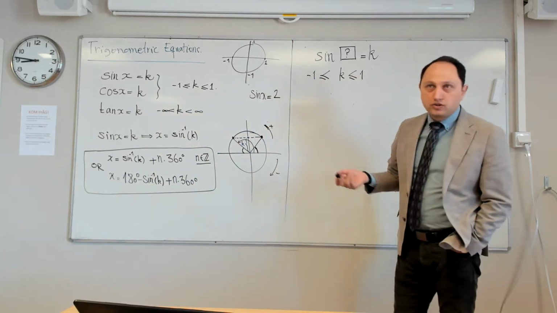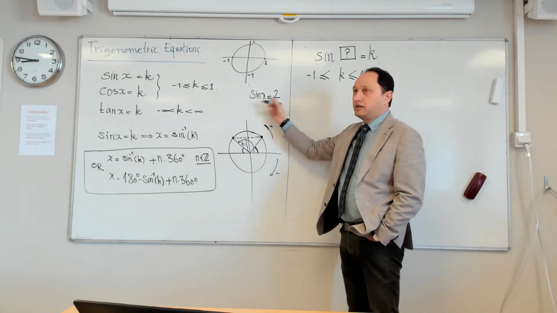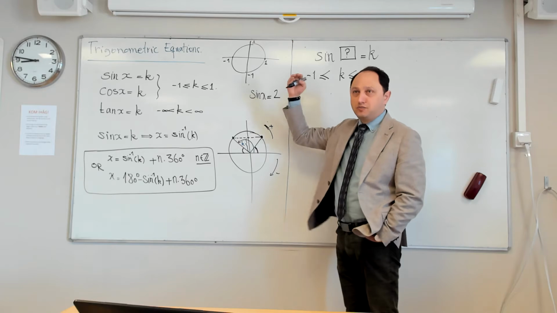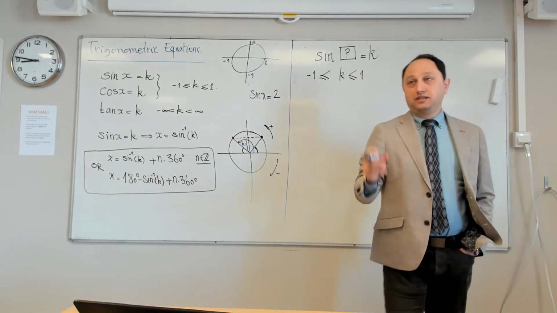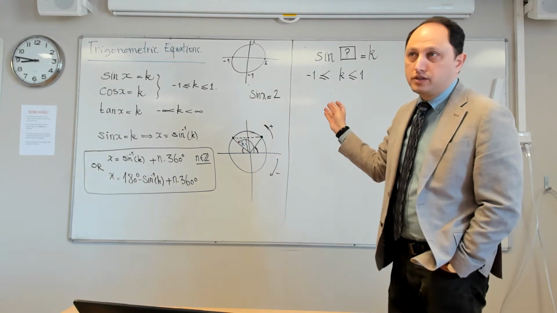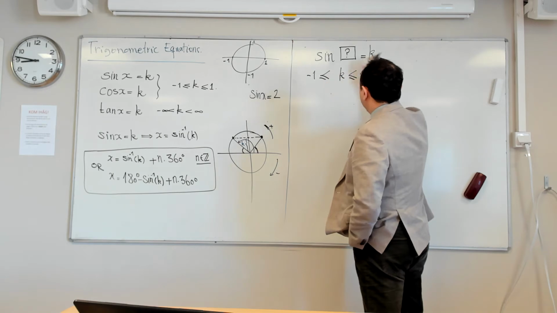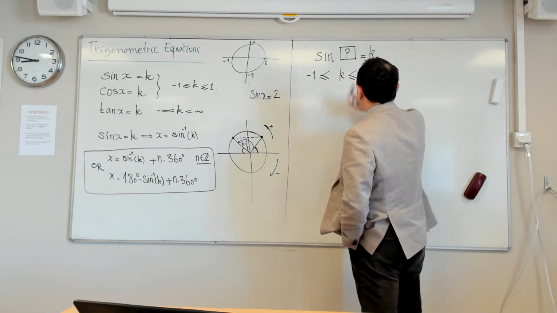You would say there are no solutions, because it is not possible to find x in such a way that sine of x becomes 2, because the maximum value that sine can attain is at most 1. So if I give you this, for example, to solve, you immediately say that, okay, there are no solutions for this equation. Yes? But if there are solutions, I have to respect this thing that k should be somewhere between minus 1 and 1.